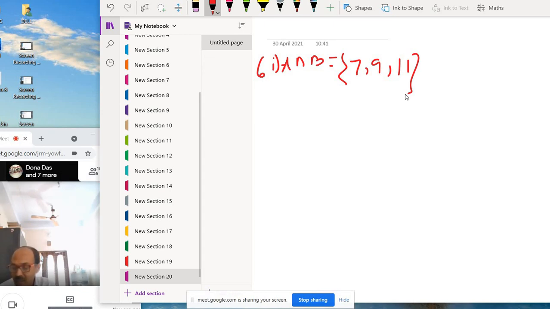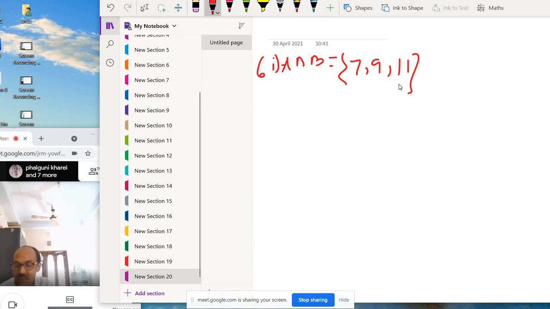Okay. Next, number 3, intersection of three sets: A intersection C intersection D. First you find A intersection C, then intersect with D. So what is common to the three sets A, C, D?